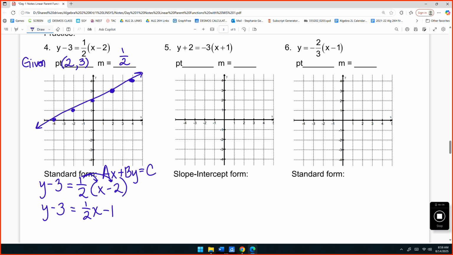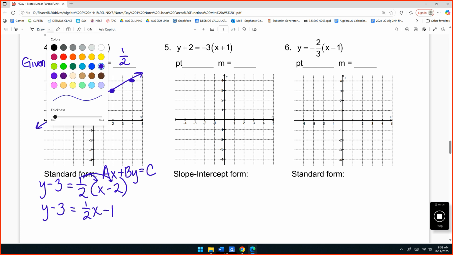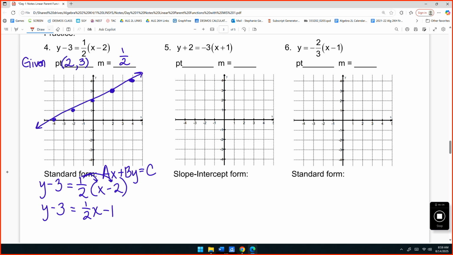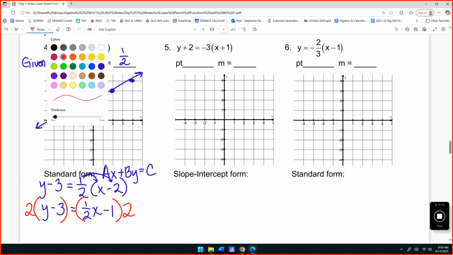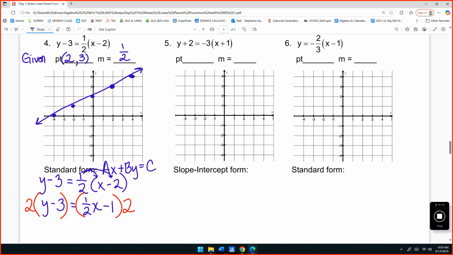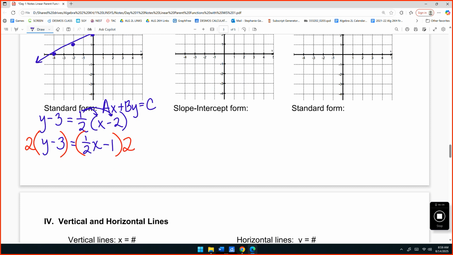We just want to eliminate the denominator. So we'll multiply by the denominator. So if our denominator is 2, everything gets multiplied by 2. So that gets multiplied by 2, and that gets multiplied by 2. Okay? So we just have to do the denominator. We don't have to do the reciprocal.